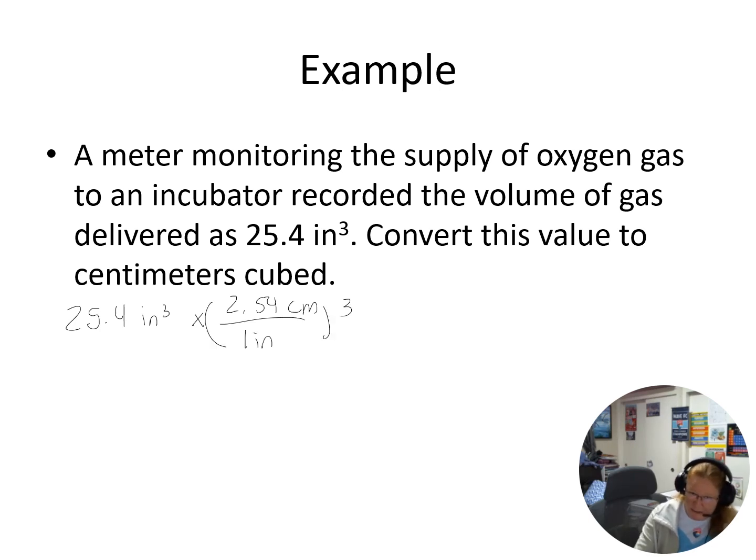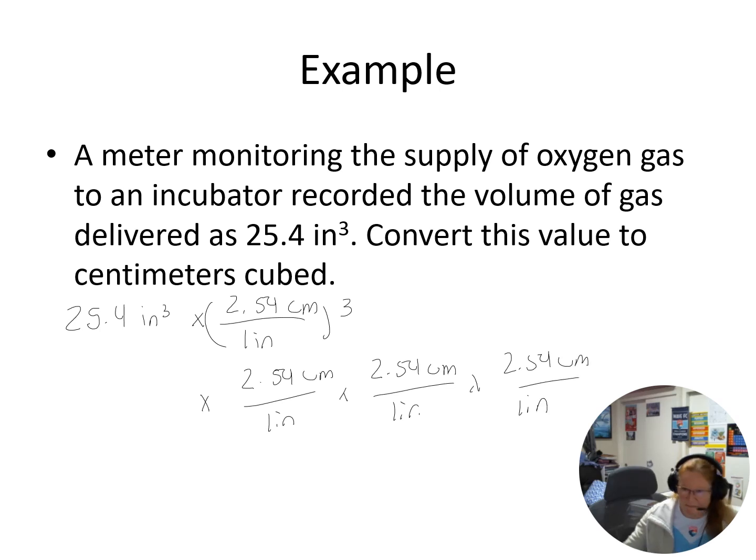And that's basically all this is doing when I cube the whole thing: we're doing 2.54 centimeters over 1 inch times 2.54 centimeters in 1 inch times 2.54 centimeters in 1 inch. That's all you're doing when you cube the whole thing. Okay, and so what you should get is 416 centimeters cubed.